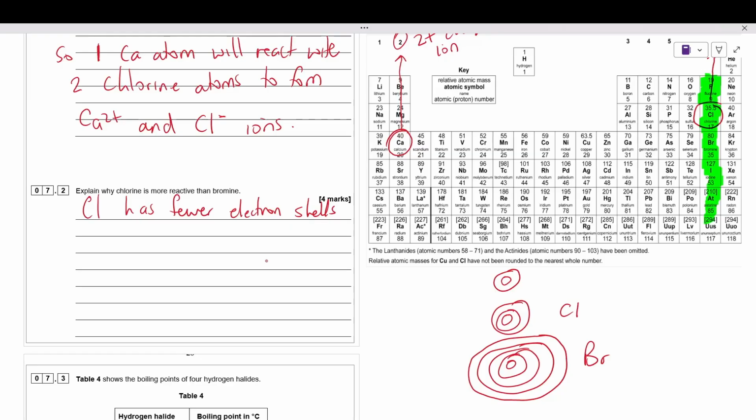We can also see that outer shell for chlorine is closer to the nucleus. So we are going to mention that, fewer electron shells, outer electrons are closer to the nucleus. And if it's closer to the nucleus, it means that it's going to have a stronger nuclear attraction, right? Therefore, has stronger nuclear attraction.